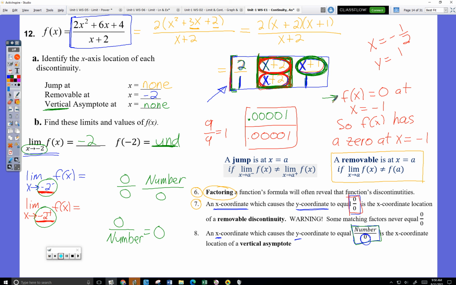When you're looking for a removable discontinuity, why are you looking for an x coordinate that equals 0 over 0? I guess you could just memorize that. It all comes back to this idea here, Marielle, that when we have this expression that's actually always equal to 1, except for one x coordinate, that's what causes this to occur.